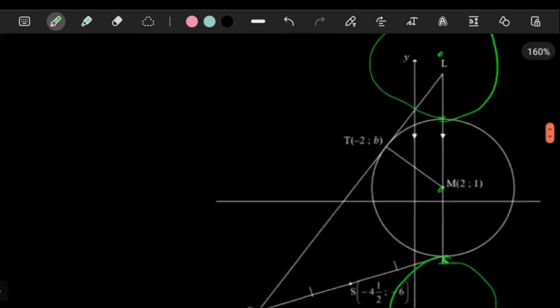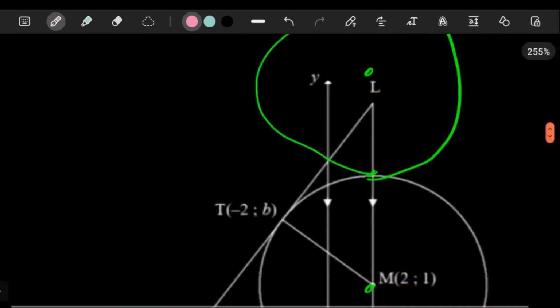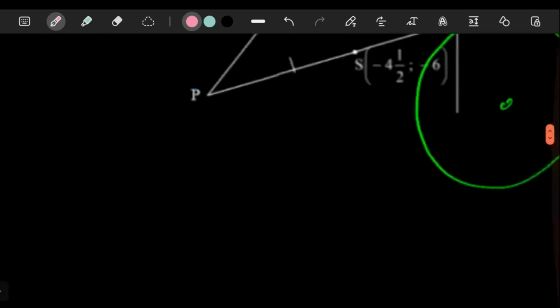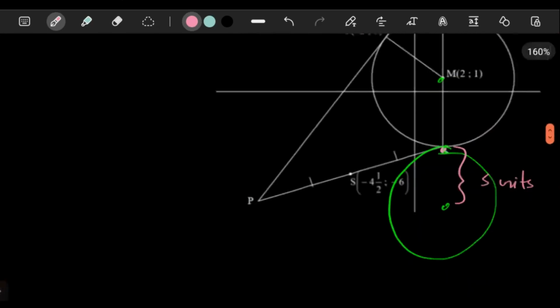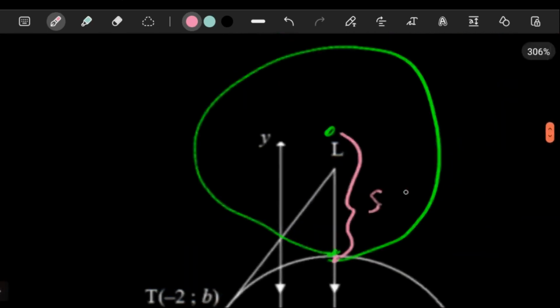Now what we know is the radius of this circle that we're talking about is still just 5. So this distance here is 5 upwards, and then from here going there, the distance is just 5 downwards. So with all that being said, 5 units.